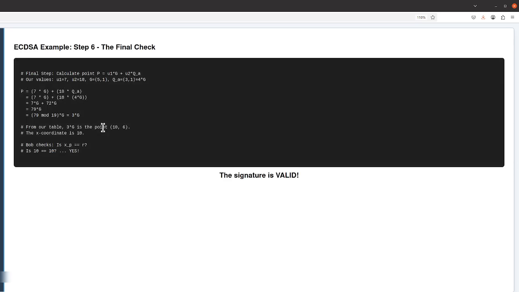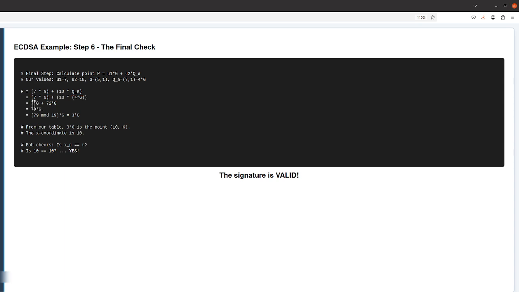ECDSA example, step 6, the final check. This is the final verification step where everything comes together. Bob uses the values he just calculated to find a point on the curve. The formula is P equals U1G plus U2Q sub A. Plugging in our numbers, we get P equals 7G plus 18Q sub A. Since we know Alice's public key Q sub A is just 4G, we can substitute that in.